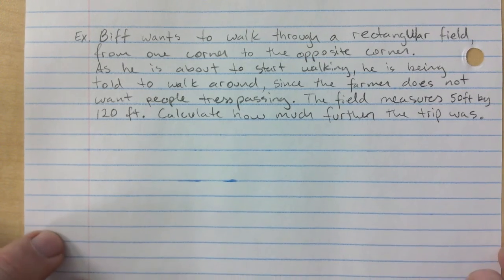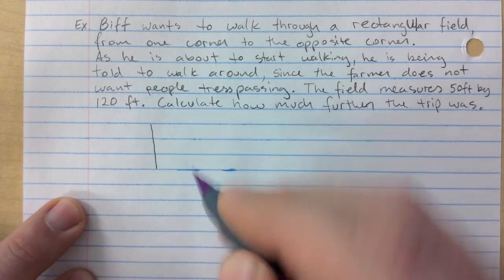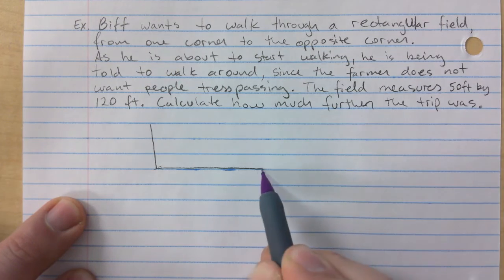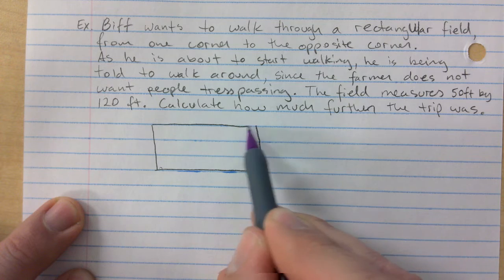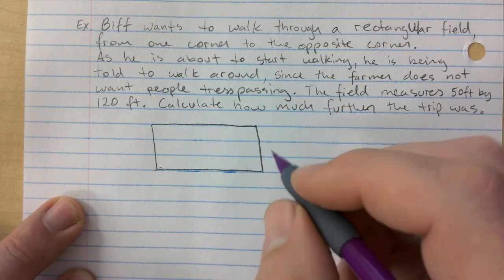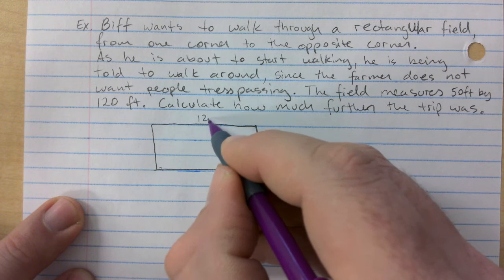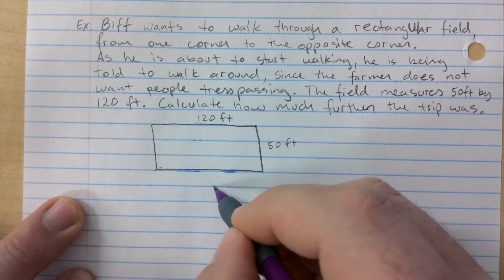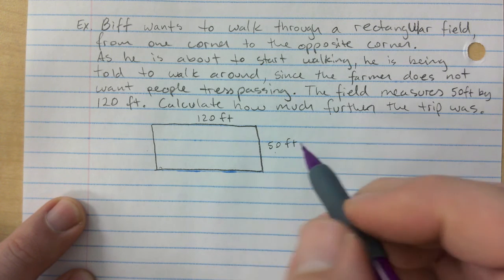Now, there's a couple of things I want to talk about here. First of all, the field is rectangular, we're told. So you should at least understand that much, right? And we know that it is 50 by 120. So we'll put the shorter side here, the longer side there. So it's 120 on the longer sides and 50 on the shorter sides.